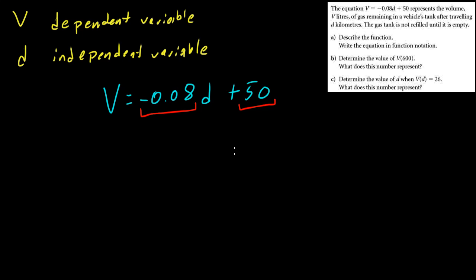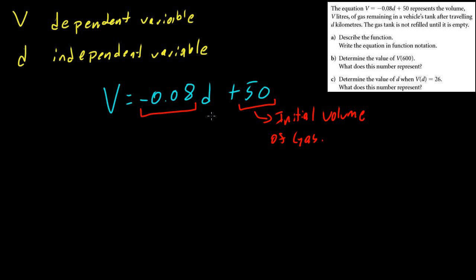How much gas should be remaining in the vehicle? That would be 50 here. This is the initial volume of gas. Okay, and we know that because this 50 isn't attached to d whatsoever.